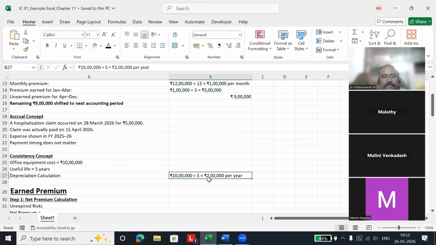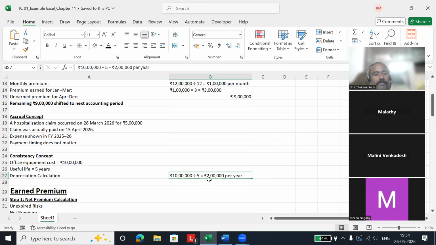So the first year the value of the asset is 10 lakh rupees. The second year the value of the asset is 8 lakh rupees. The third year it is 6 lakh rupees. Like that, every year the cost of that equipment will get depreciated because it is getting older. After 5 years, the value will be 0.